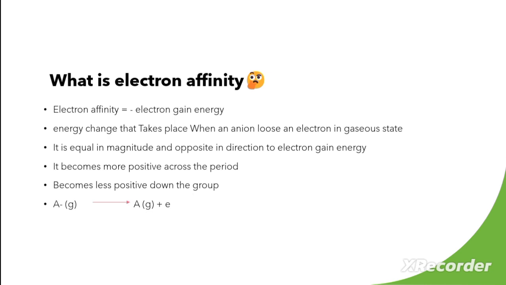Across the period, electron gain energy becomes more negative, while electron affinity becomes less negative. Down the group, electron gain energy becomes less negative, but electron affinity becomes more negative, right? So that is the periodic trend regarding electron affinity.